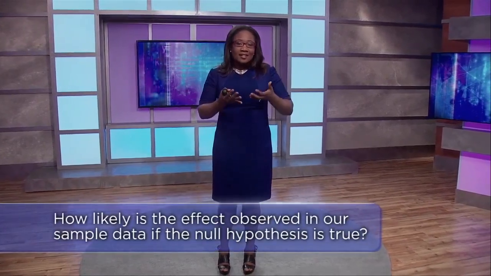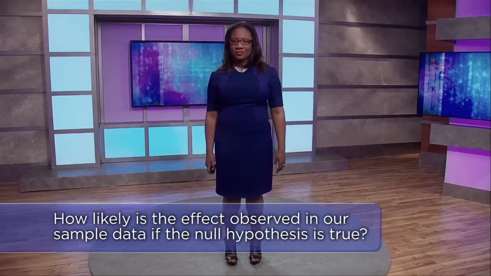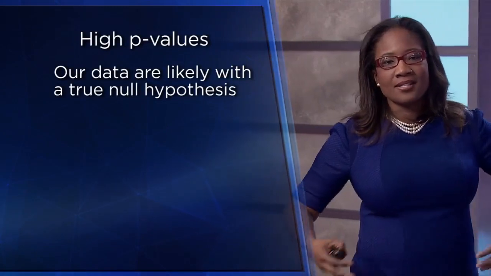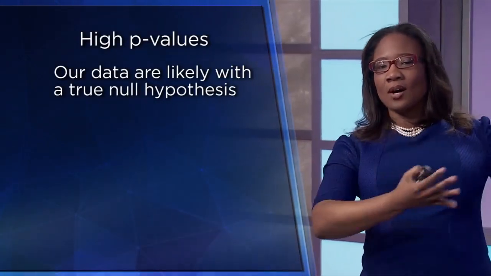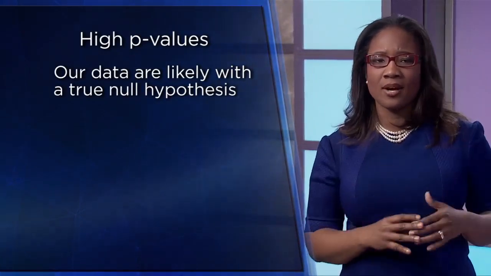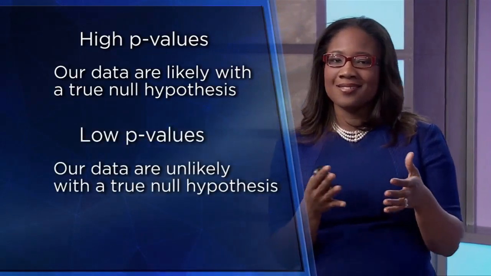And it helps us answer the question, how likely is the effect of seeing our sample if this null hypothesis were really true? Now, high p-values tell us our data are really likely if the null hypothesis is true, right? You'd see this data set under this null hypothesis. That's a good thing. When you have low p-values, that says, you know what?